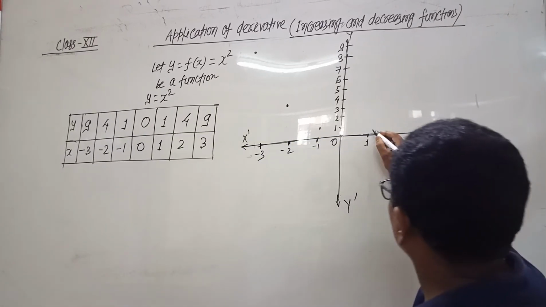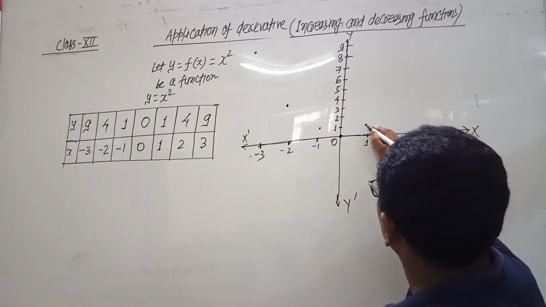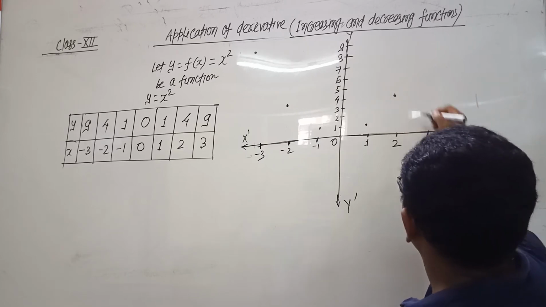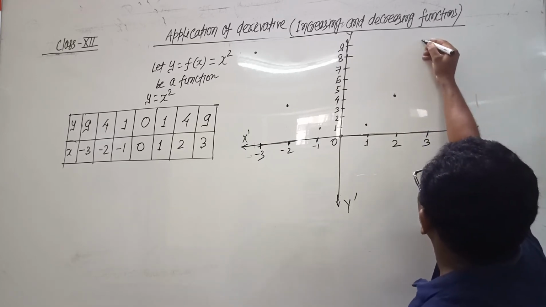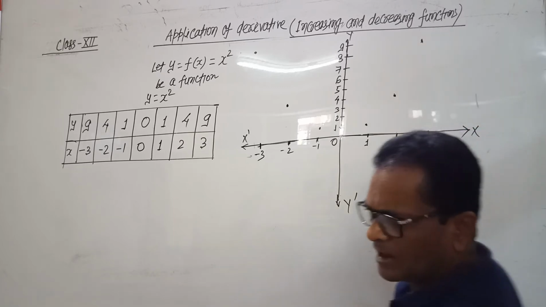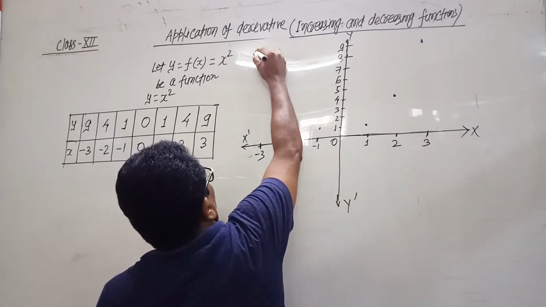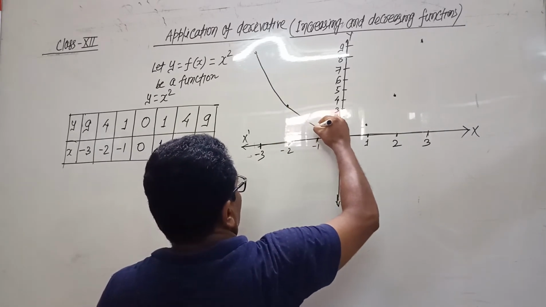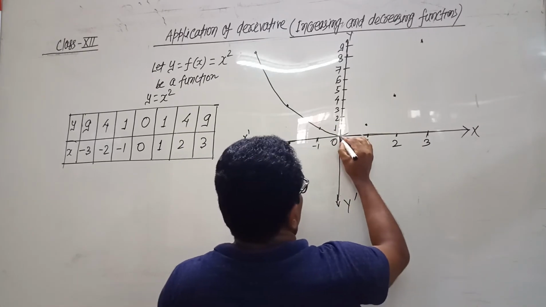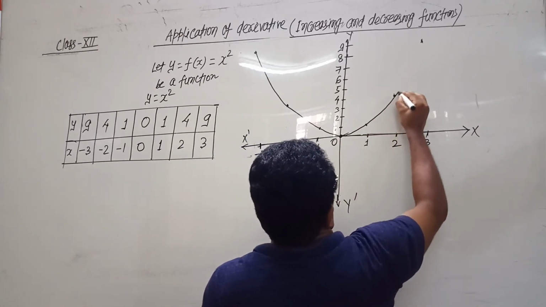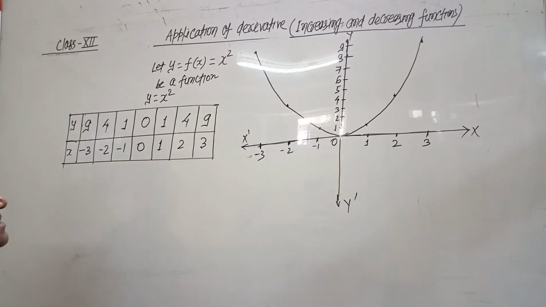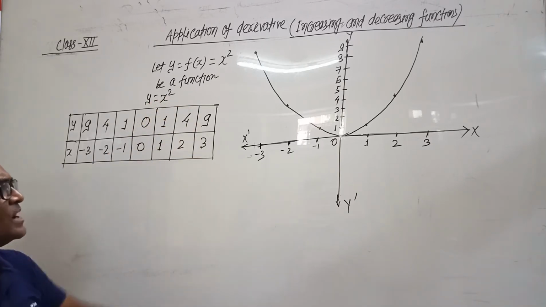When x is 1, y is again 1. When x is 2, y is 4, and when x is 3, y is 9. When we join all these points, we get a curve. This is the graph of the function f(x) equals x square, or y equals x square.